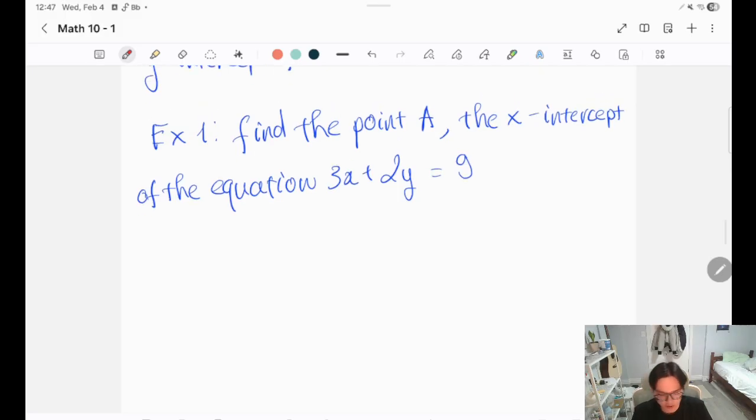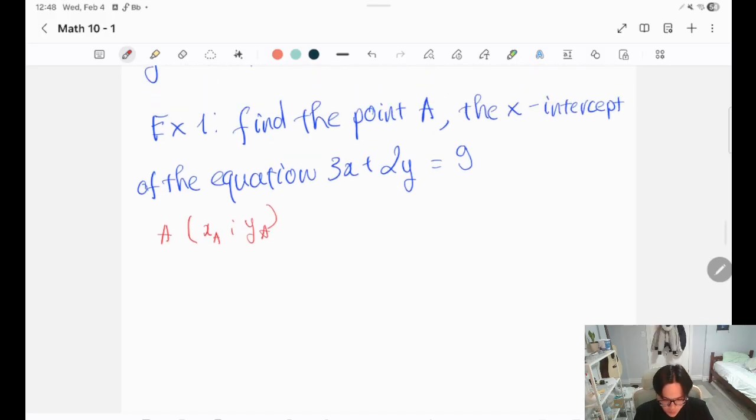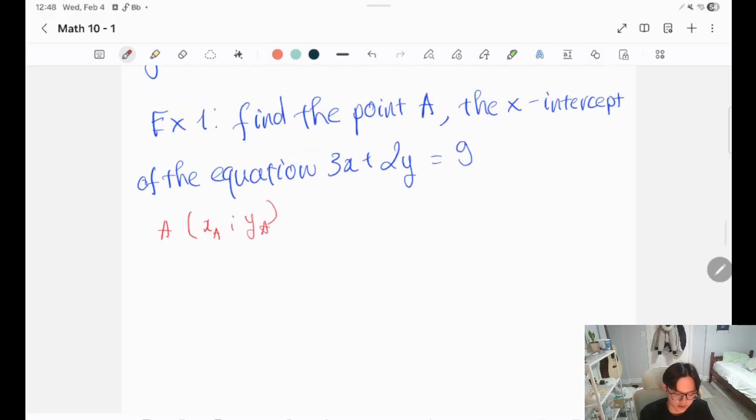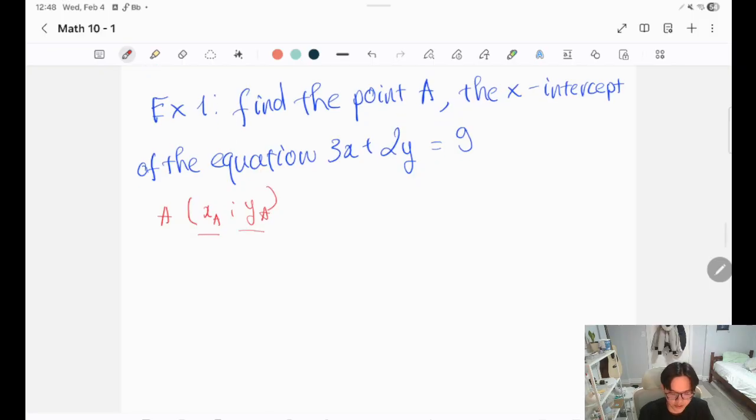I will call the coordinates of the point A xa and ya. Putting these into the equation, I got 3xa plus 2ya equal to 9.